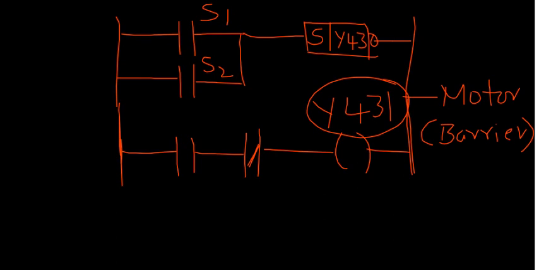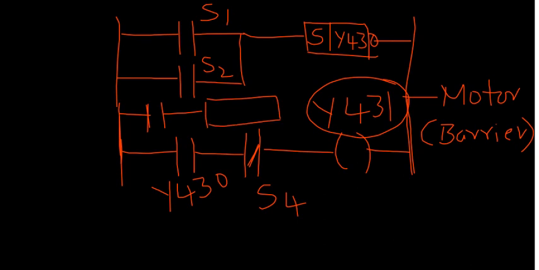So the reset coil may come somewhere here, your timer S4, and this would be your reset coil R Y430, something like this. This is not S4, this is S3. So we will take it as S3. This S3 is the actuation based on your timer output. That will make your reset coil operate.